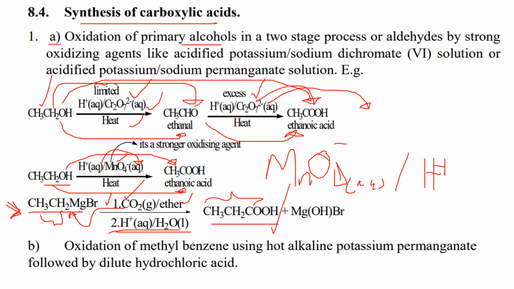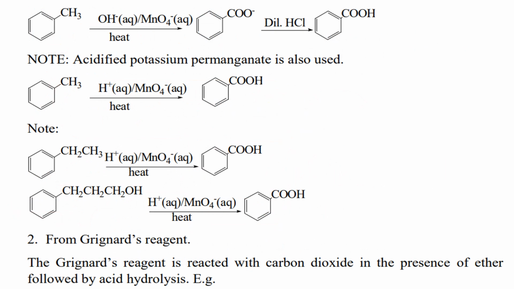Going to part B, oxidation of methylbenzene using alkaline potassium manganate(VII) followed by dilute hydrochloric acid can also yield carboxylic acids. When you're using alkaline manganate(VII), I've told you it's always the manganate(VII) ion that comes first, and then the condition or medium it works in is brought last.